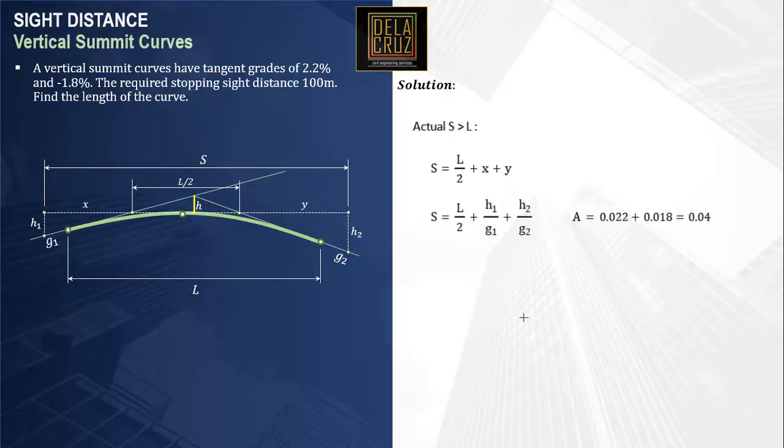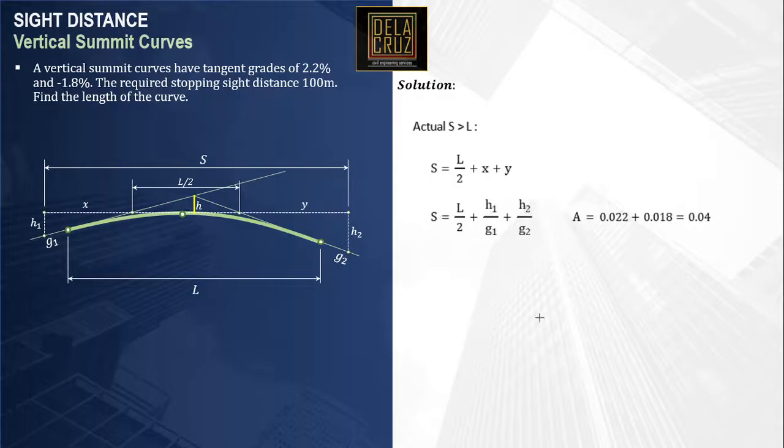Now, to do that, since we have three variables, this S is a variable. We do not know that yet. That is given, but we'll be minimizing this equation. G1, we take this one as a variable. G2, we take this one as a variable. L over 2 is constant. H1 is constant.